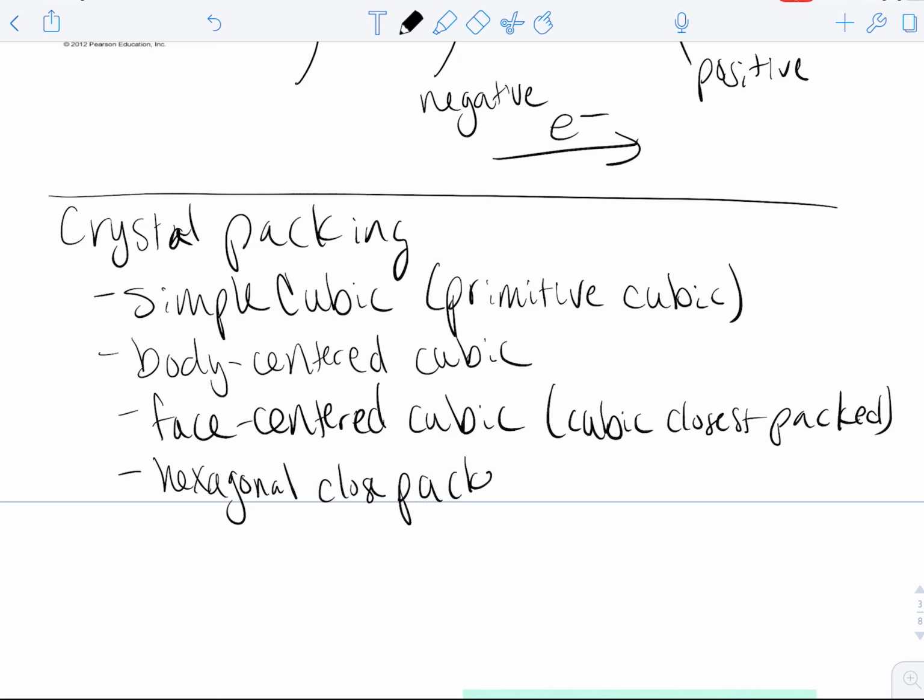Now again, there are other options for our metal solids, but these are the most prevalent and these are the ones we're going to be looking at today.